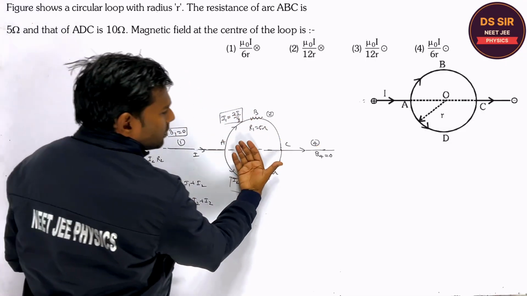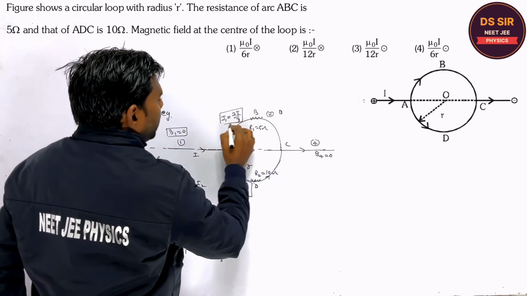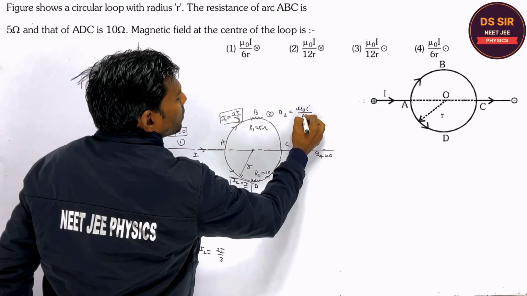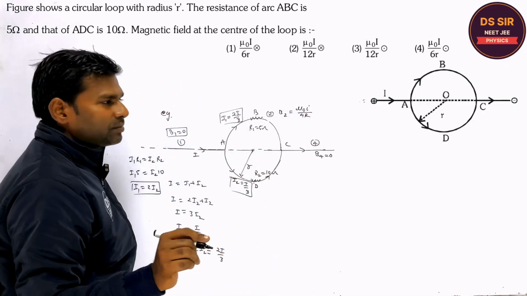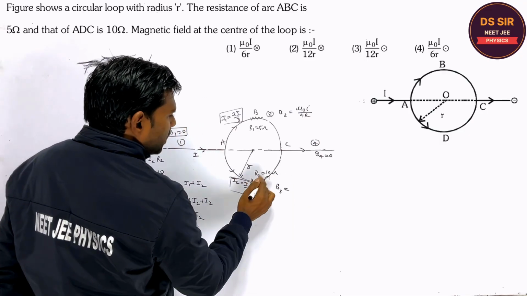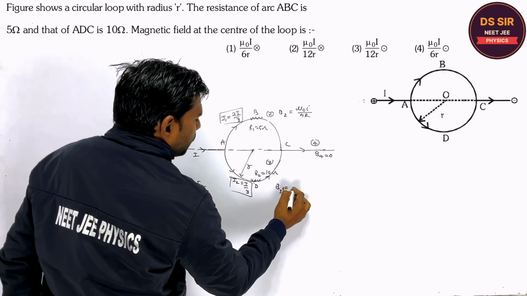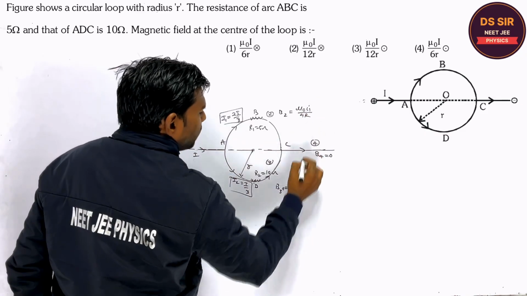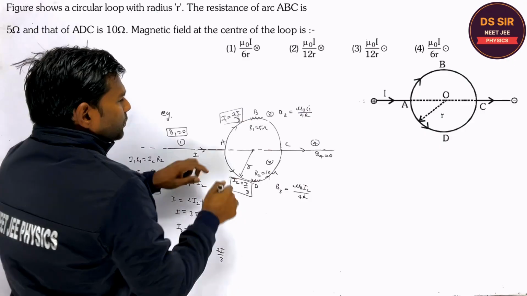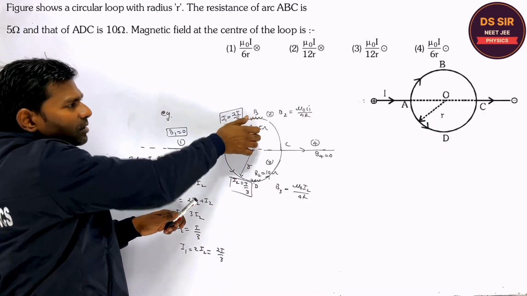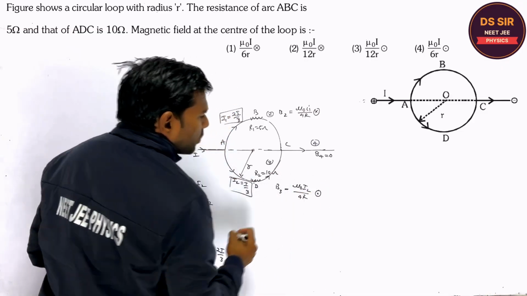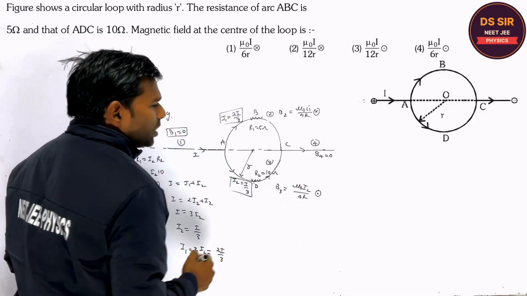B2 is mu naught I upon 4R, and B3 because of this third part is mu naught I2 upon 4R. This magnetic field is into the board, and this magnetic field is out of the board.